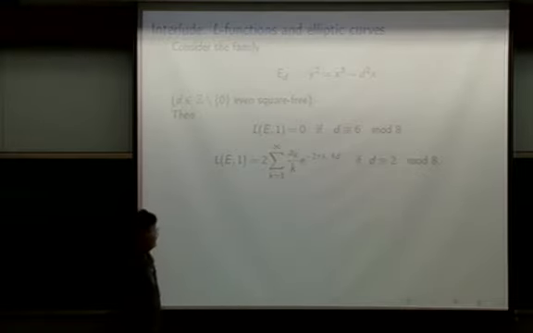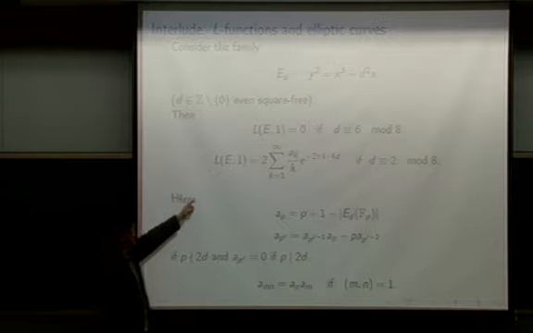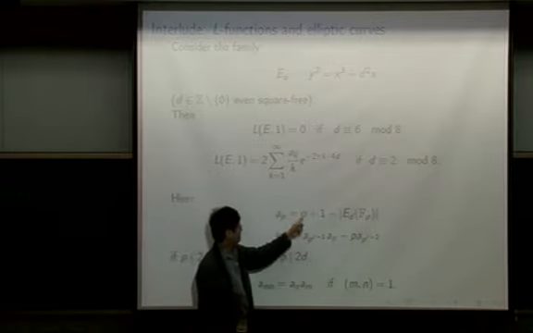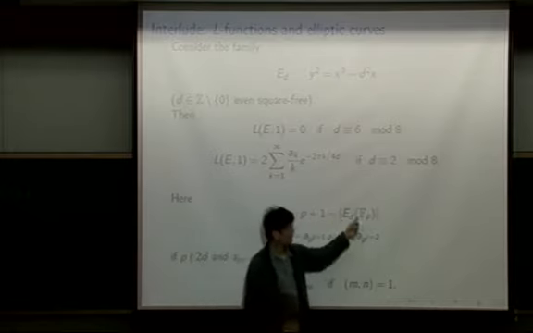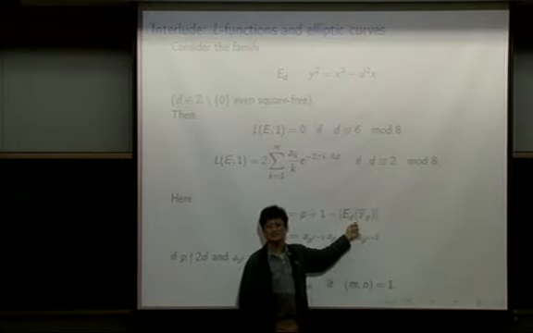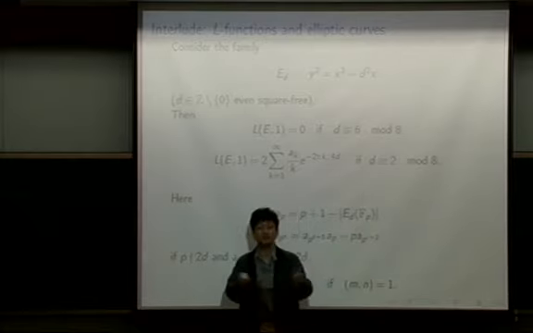And what are those a_k? Those are some coefficients that you can construct out of the equation. And this is the formula. You define it recursively. For prime indices, you define a_p to be p plus 1 minus the number of solutions: you look at the equation over the finite field F_p and count the solutions there. This is very easy to compute because a finite field is a finite problem.